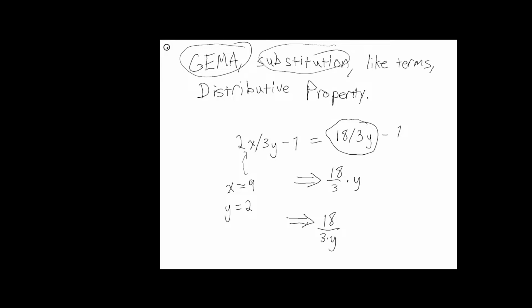Or, worse still, this could be 2 times x over 3 times y, which would be kind of silly if they wrote it this way, right? So we want to write our math like this so it's very clear what's going on, or like this, and not like this.